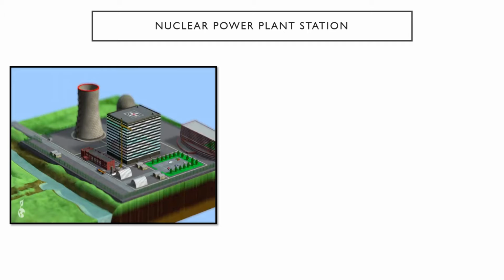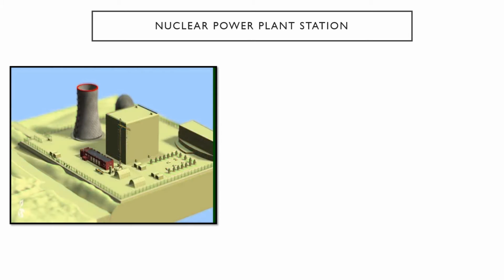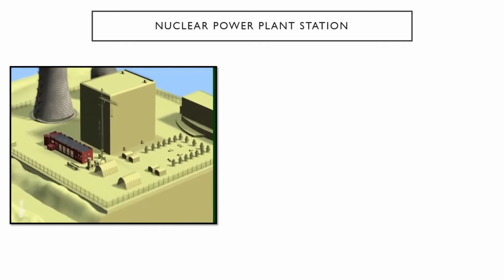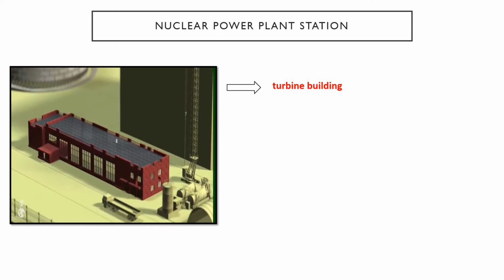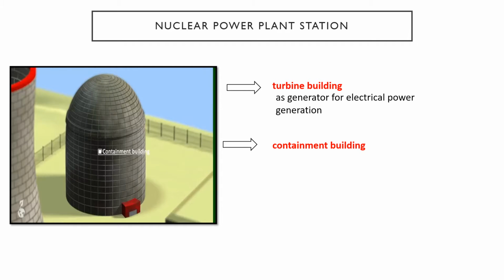So this is an example of nuclear power plant station, which consists of numerous buildings and facilities. The main buildings in this power plant station are, first, the turbine buildings, where it houses several turbines as well as generators necessary for electrical power generation. Next is containment building, where the nuclear reactor is placed.